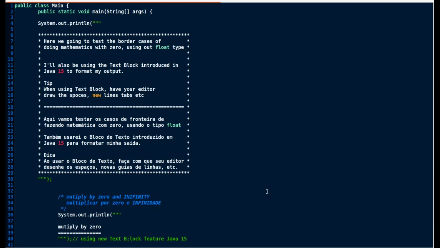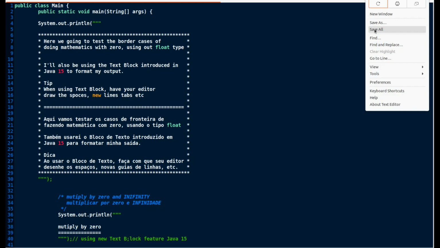I'll also be using the text block introduced in Java 15 to format your output. Just on that, in your editor, to make it easier, let your editor draw the spaces and things, so spaces, tabs and so on, so you can see.